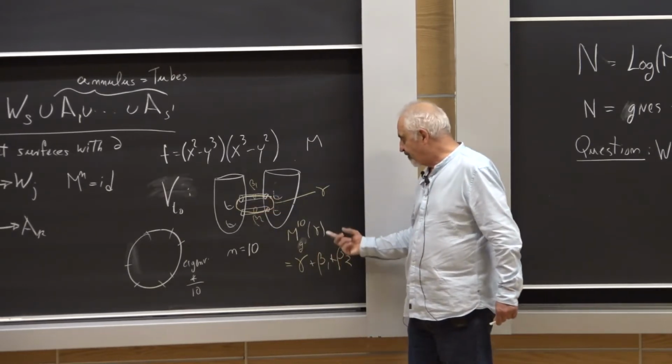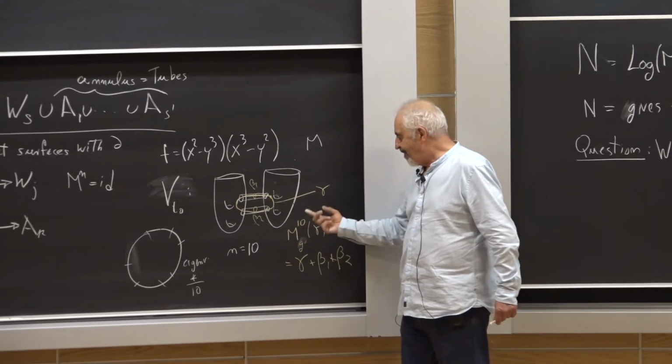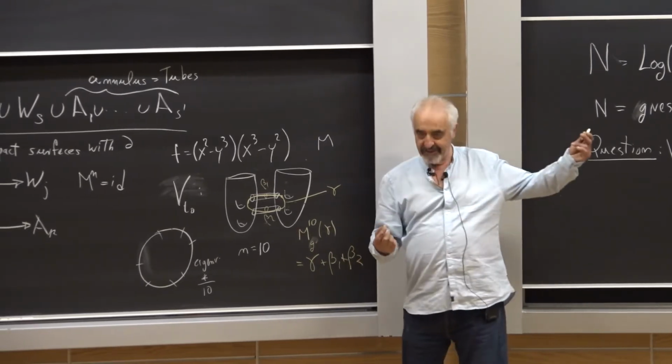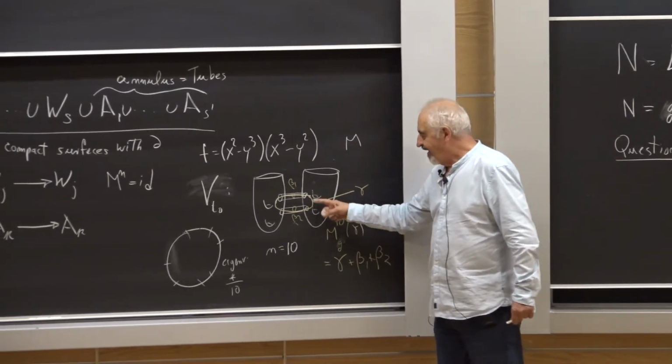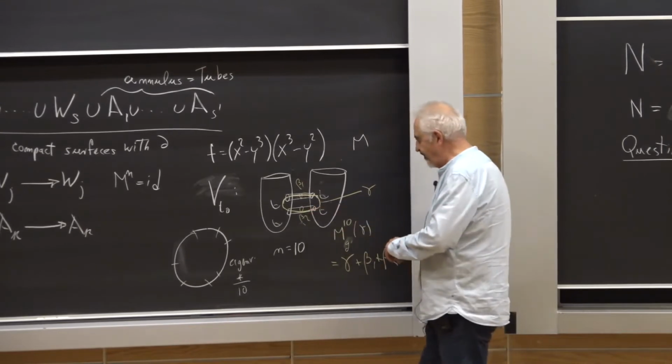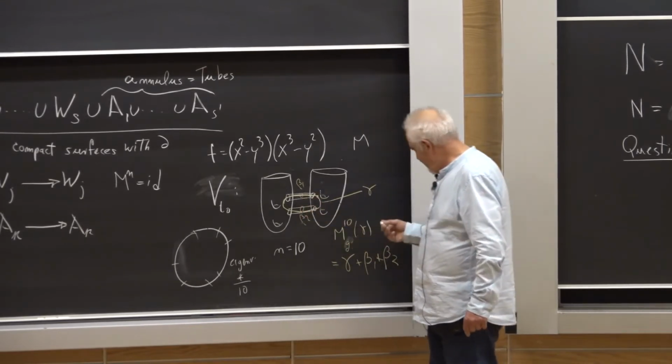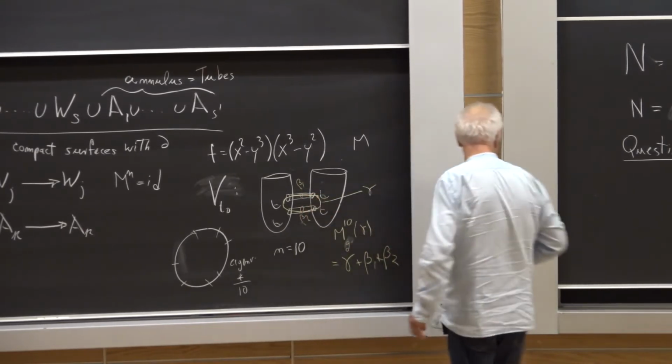And so if I subtract M gamma minus gamma, which is this nilpotent part, it gives me exactly this thing over here.